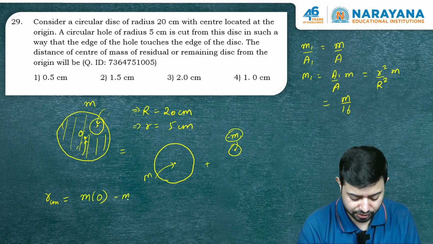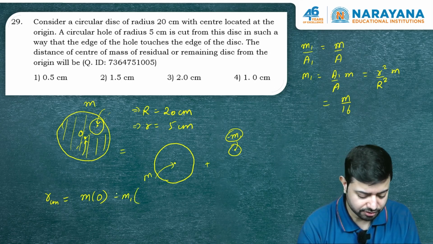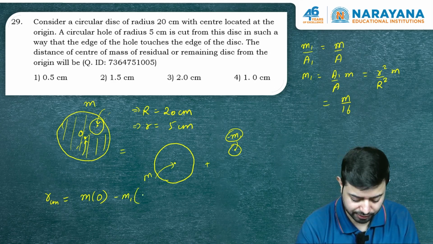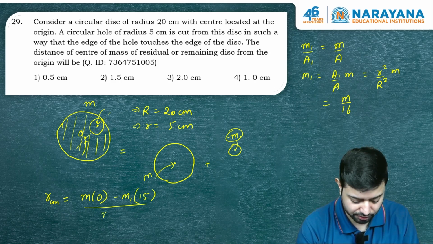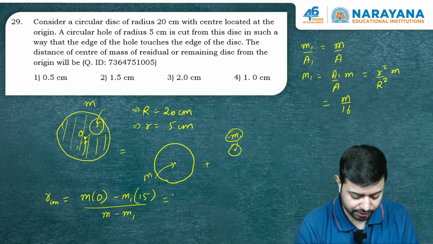So, minus m1 into how much distance from the center? It is going to be 20 minus 5, which is 15, divided by the total mass, m minus m1. What is this number? Let us see.